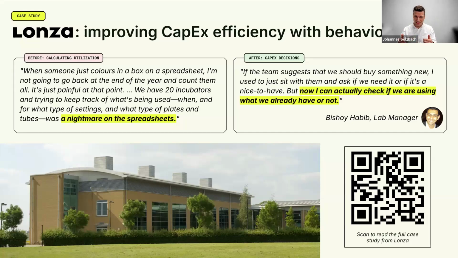Instead of relying on gut feel or manual tracking, they could objectively see whether existing capacity was being fully used before approving new spend. And that transparency fundamentally improved CapEx decisions, reducing unnecessary purchases, improving planning, and making sure that capital was directed where it was genuinely adding value.